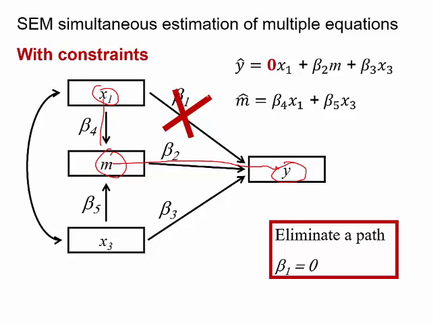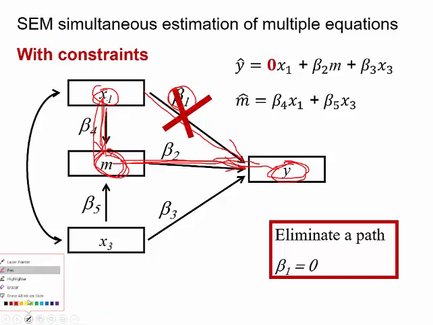If I constrain beta 1 to be 0, I've got a model where there's a fully mediated relationship between x1 and y. The relationship between x1 and y is fully explained by this mediator. After controlling for the extent to which x1 predicts m, which in turn predicts y, there's no remainder, no residual direct effect of x1 on y.